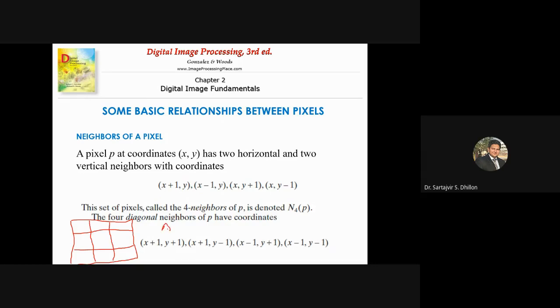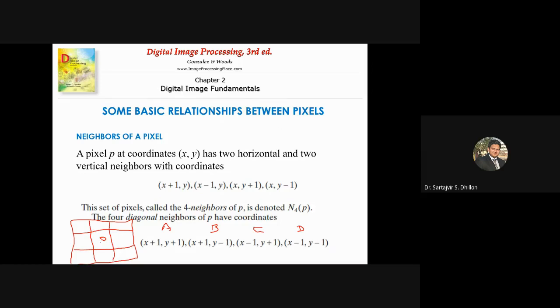Assume this one is A, this one is B, this one is C, and this one is D. So this is zero. You can assume it here that it is zero.